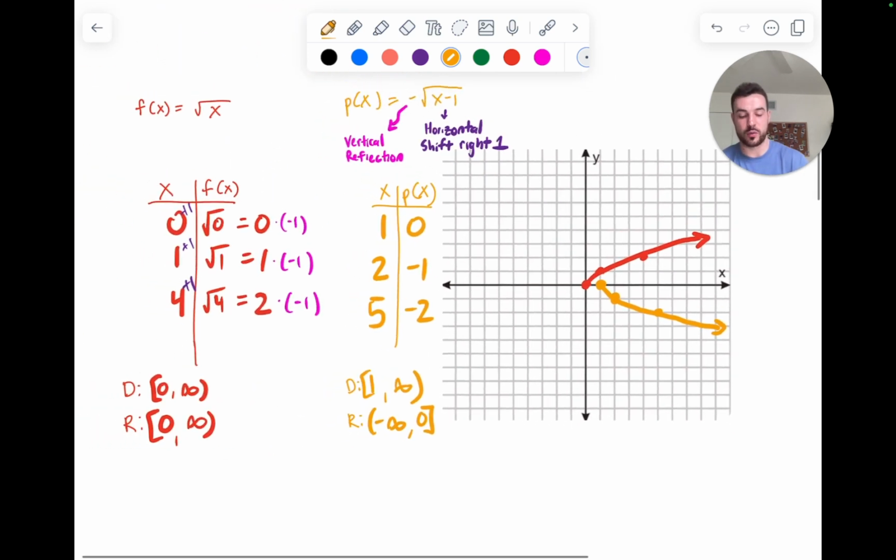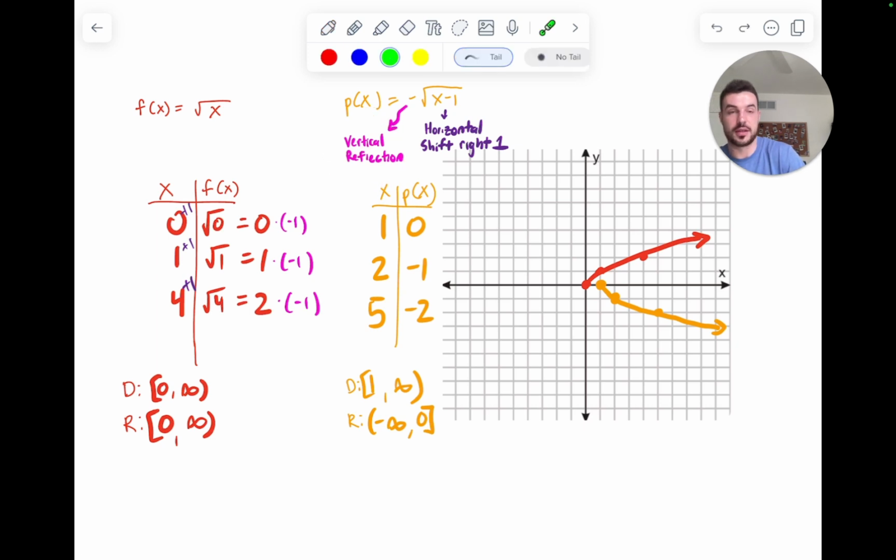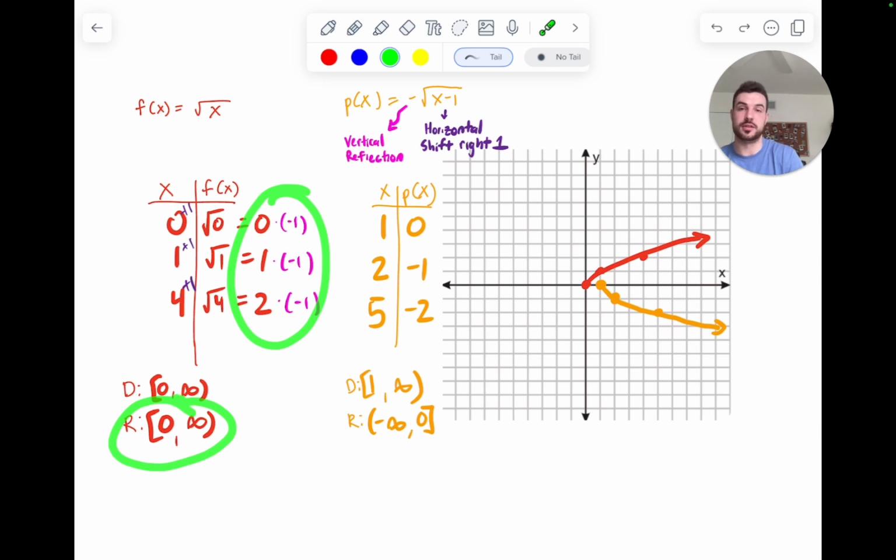All right, and one way we can think about that is we can take these transformations and we can apply them to our domain and range respectively. So this is vertical, so it is going to affect our output values, our range. If you multiply both of these by a -1, just like the transformation we did in our table, we'd get 0 and -infinity.